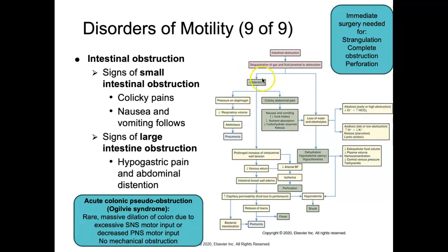From that distension, we're also going to place pressure on the diaphragm, which lowers our respiratory volume, causing atelectasis and eventually leads to pneumonia. That prolonged increase in intraluminal wall tension can also decrease the venous return and our blood fluid, which can then cause disruptions leading to perforation and edema, increasing our capillary permeability and releasing toxins, leading to peritonitis.